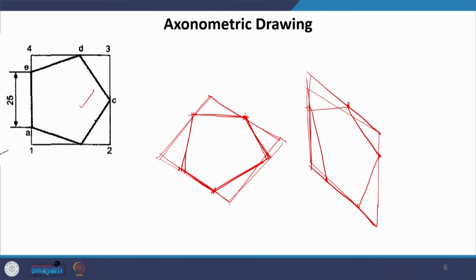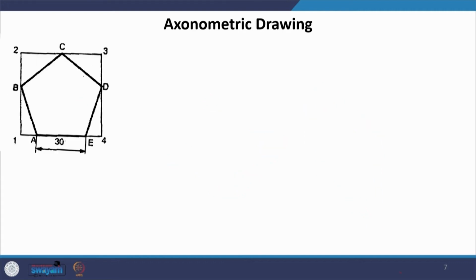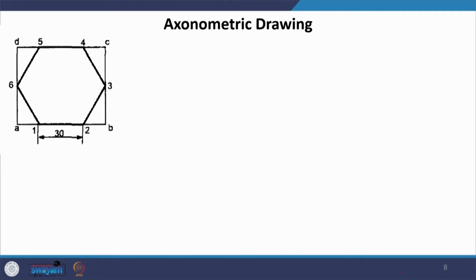It is just a simple rotation of 45 degrees. So, any drawing for that matter you can take. I can start with this. So, 45 degrees of hexagon here, and we can use the same process as we did for the geometrical construction.